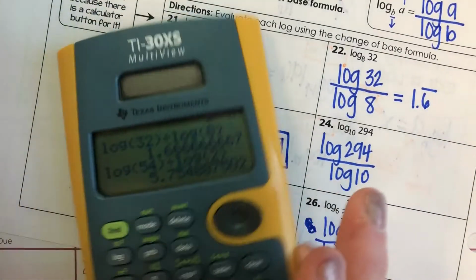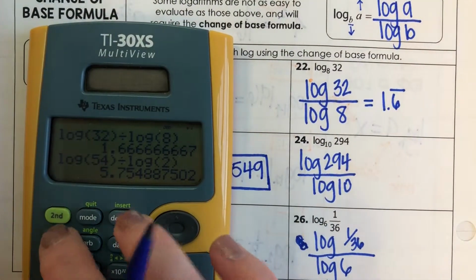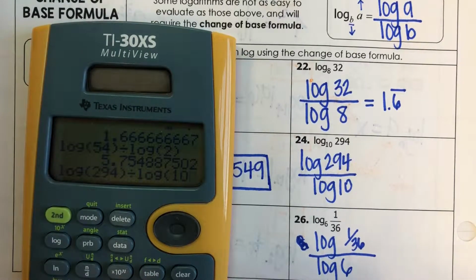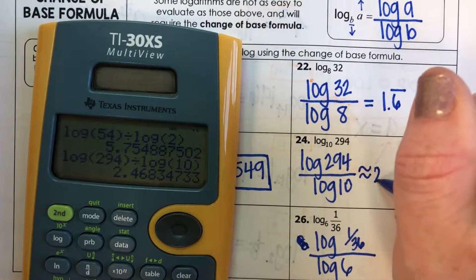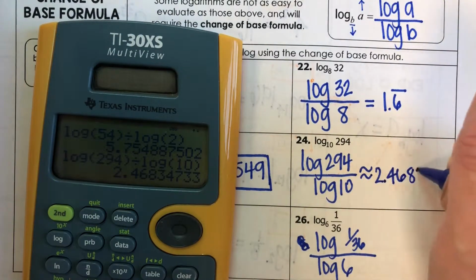For number 24, I have log 294 divided by log 10. When I hit enter, that gives me approximately 2.4683.